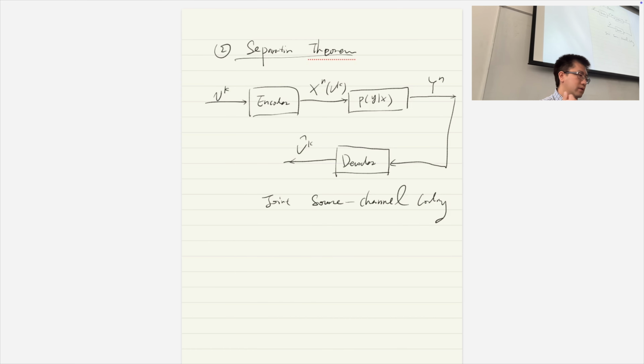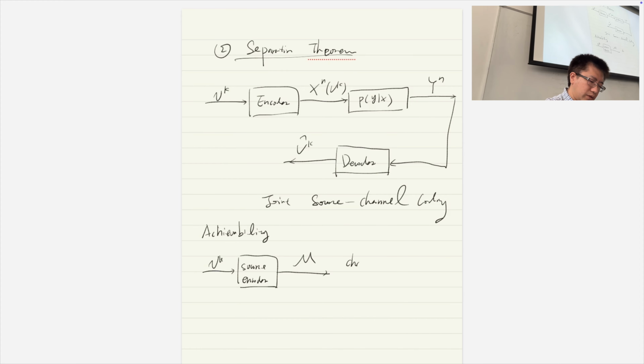So basically, for the separate source-channel coding algorithm, that's achievability. What we can do here is that we have the source, and we can have a source encoder, and then we have some indices, the source coding output m.